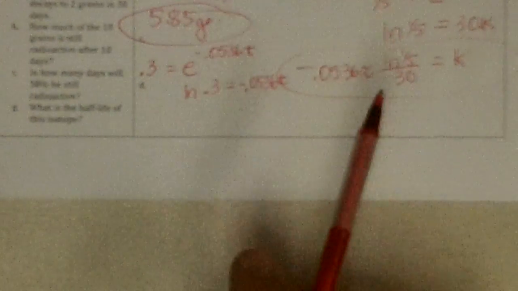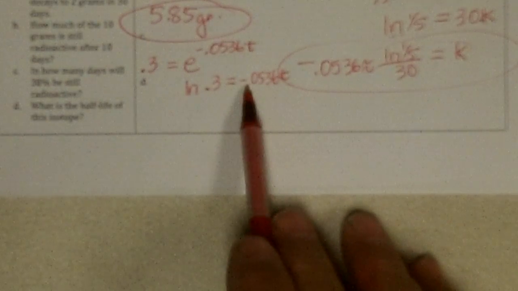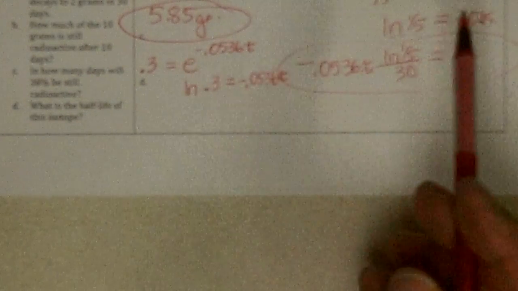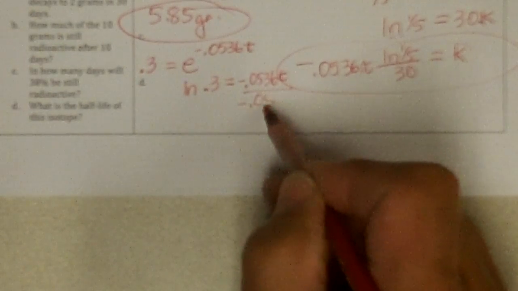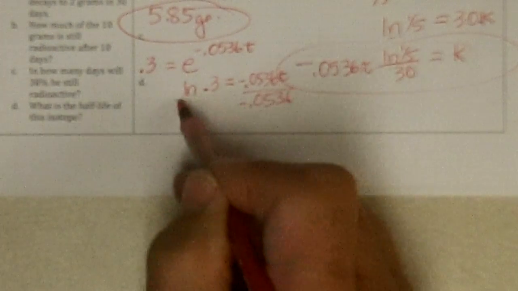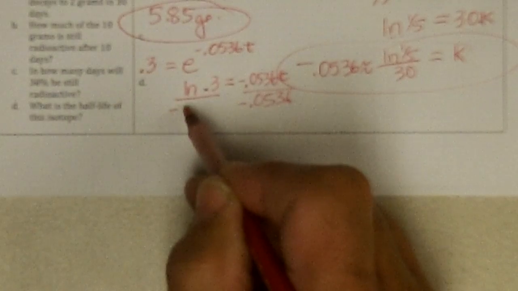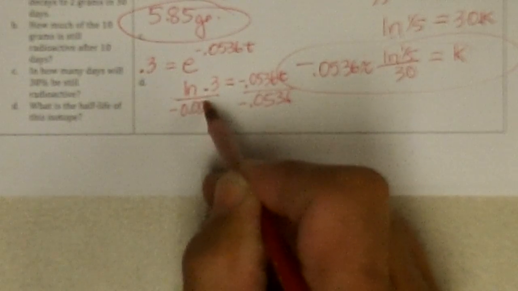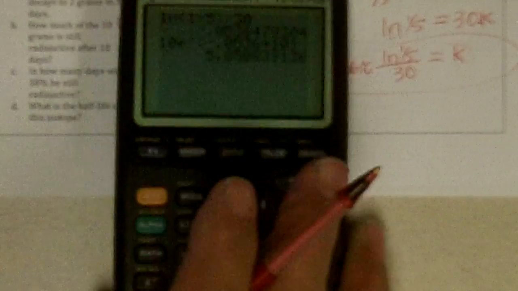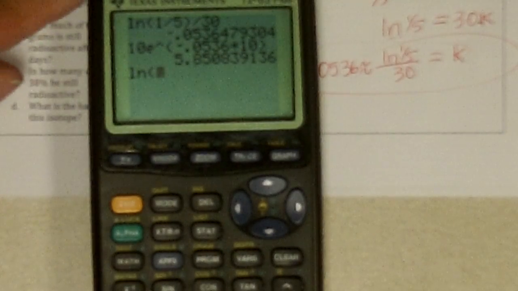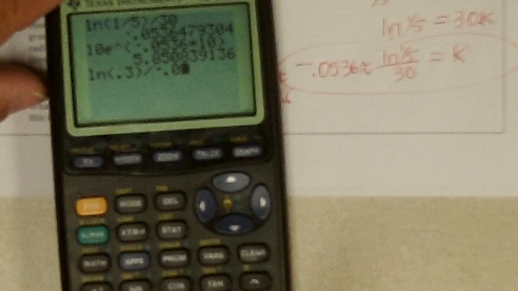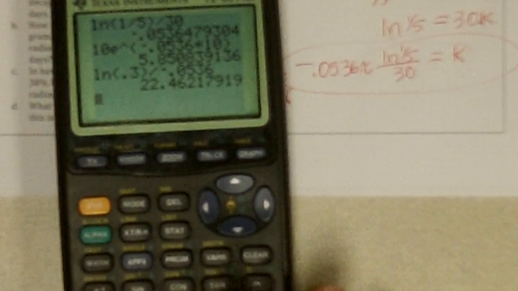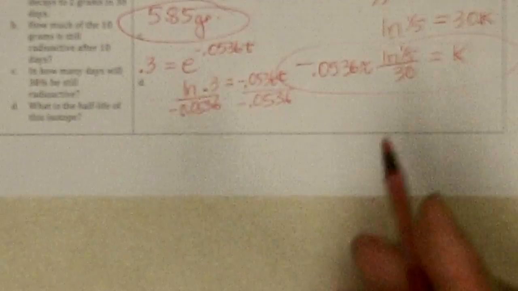So I will take and divide both sides by that negative 0.0536, and so I got ln 0.3 divided by negative 0.0536, and I get 22.46 days.